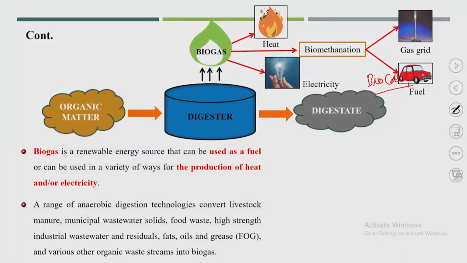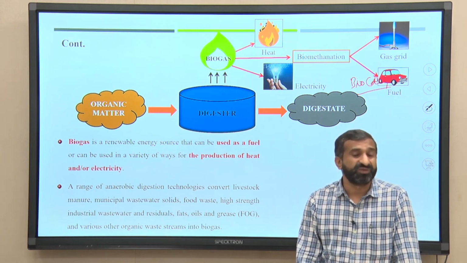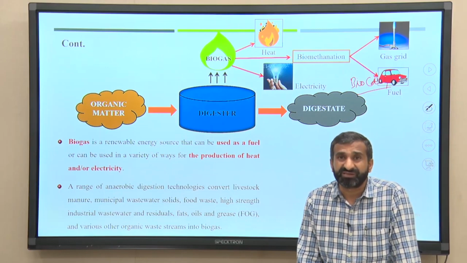A range of anaerobic digestion technologies convert livestock manure, municipal wastewater solids, food waste, high strength industrial wastewater and residual fat, oil, grease and various organic waste streams into biogas. This anaerobic digestion process is very popular in wastewater treatment, not only for sewage treatment but also for industrial wastewater treatment.